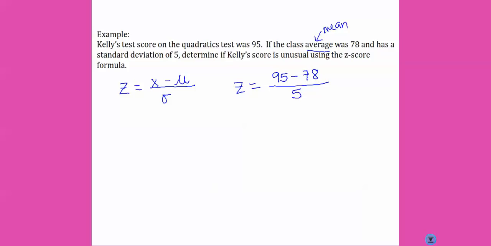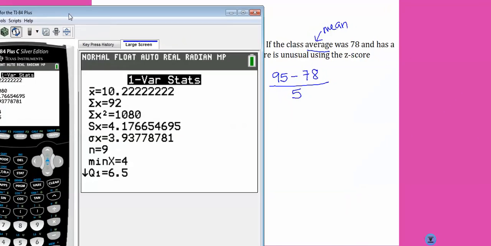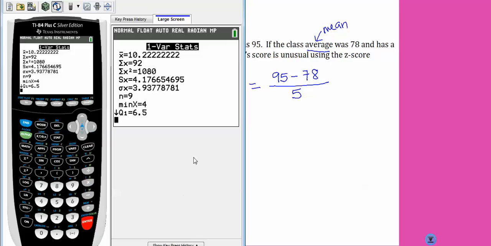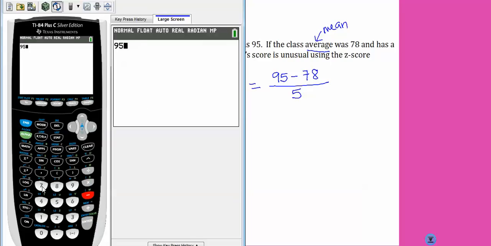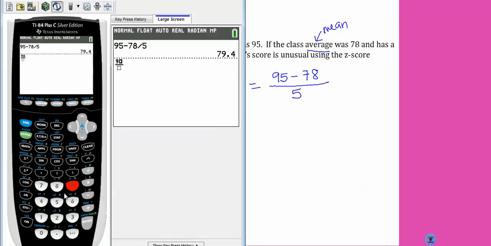Now we're just going to put this in our calculator, but I'm going to warn you to be careful. If you type like this, 95 minus 78 divided by 5, you will get a very, very, very wrong answer. Our z-score should not be bigger than 5 or 6 at a huge maximum. You need to make sure that you're using alpha y equals, enter, 95 minus 78 over 5.